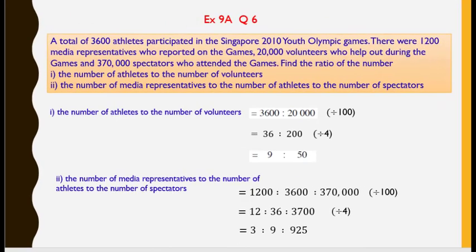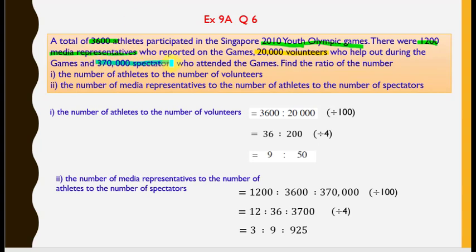Now we will solve question number 6 of exercise 9A. A total of 3600 athletes participated in Singapore in 2010 Youth Olympic Games. There were 1200 media representatives who reported on the game and 20,000 volunteers who helped out during the games, and 37,000 spectators.